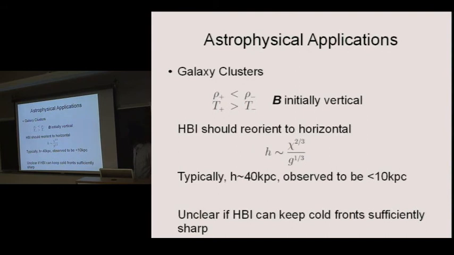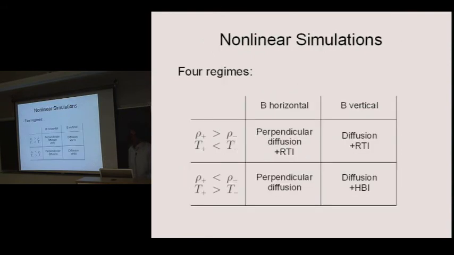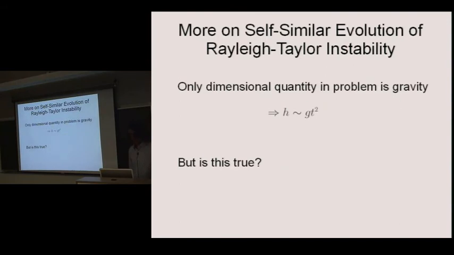But for random values of the initial magnetic field, you would expect this thing to diffuse out much more than is observed. So some people propose that the reason why you get these very sharp discontinuities in the observations is due to this heat-flux driven buoyancy instability, but it's unclear if this is good enough. You might need something else to confine the layer to a very small size.